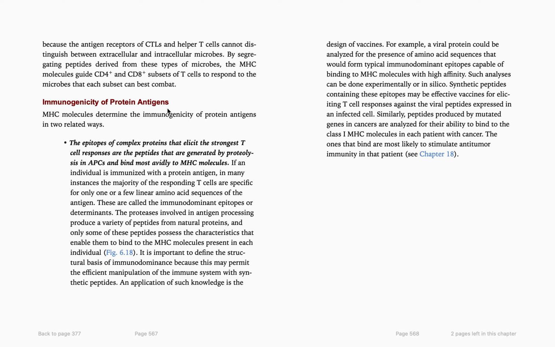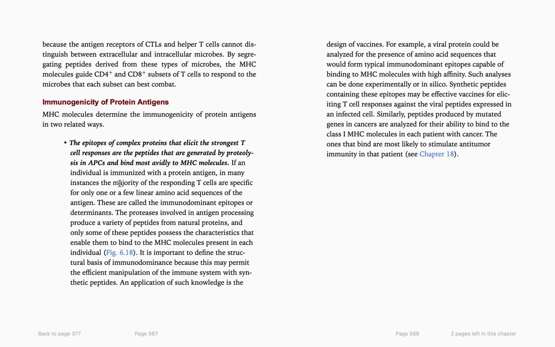Immunogenicity of protein antigens. MHC molecules determine the immunogenicity of protein antigens in two related ways. First, the epitopes of complex proteins that elicit the strongest T cell responses are the peptides that are generated by proteolysis in antigen presenting cells and bind most avidly to MHC molecules.